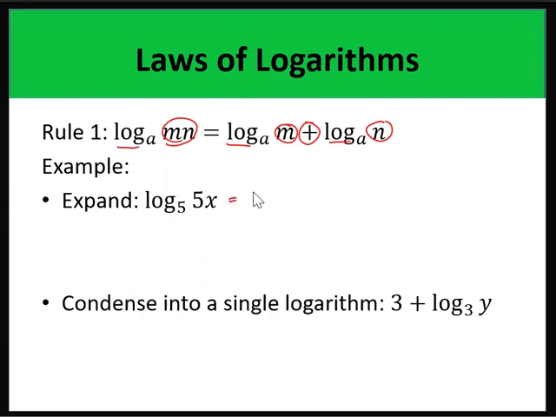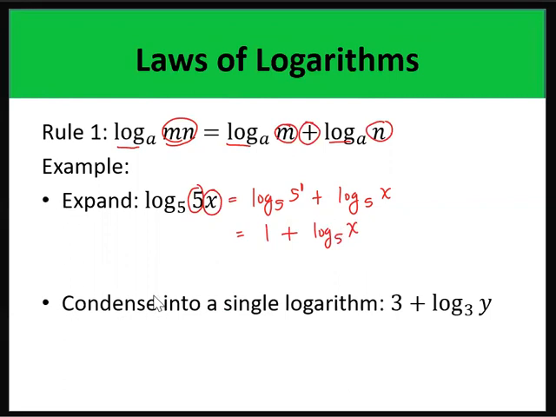This can be written as the logarithm of 5 to the base 5 plus the logarithm of x to the base 5. This is allowed because we have the product of 5 and x. However, the logarithm of 5 to the base 5 can be written as the logarithm of 5 raised to 1 to the base 5. By the previous properties, this is just equal to 1, plus the logarithm of x to the base 5.